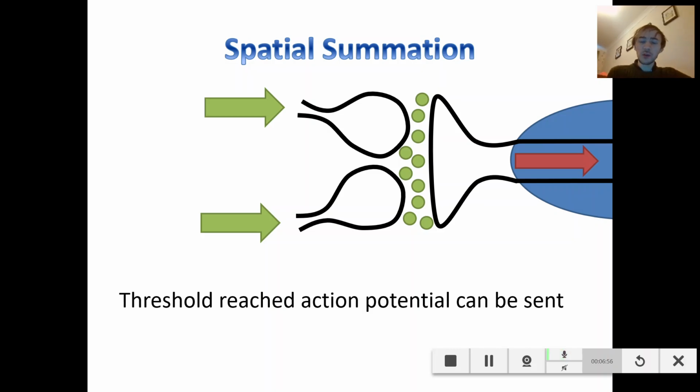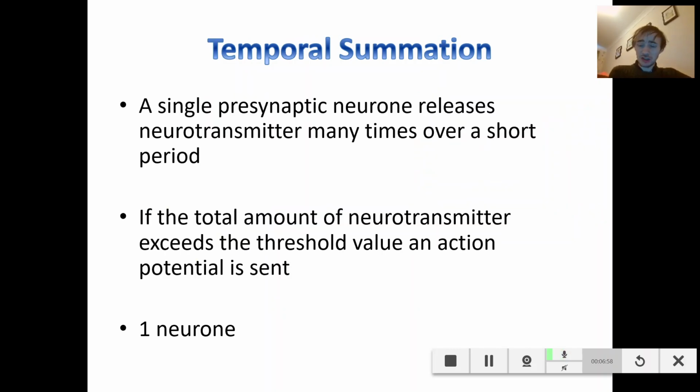The next is called temporal summation. Temporal refers to time. So it's basically the same neuron activating multiple times. In this case, there might only be one presynaptic neuron, just like the diagram we drew before. If it's activated only once, we've said that won't release enough neurotransmitter to activate the postsynaptic membrane.